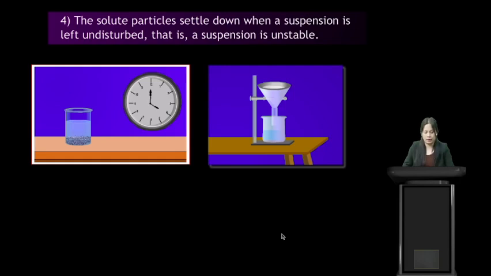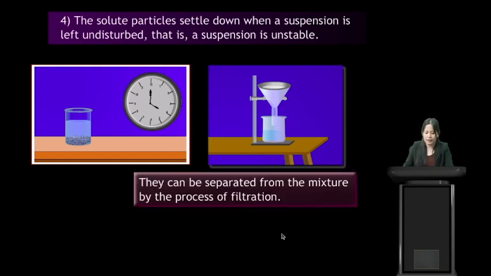When it is left undisturbed, the particles of the suspension will settle down. They can be separated from the mixture by the process of filtration. By using the filtration method, we can separate the different components of the suspension. Taking the example of sand and water, we can separate sand and water by the filtration method.